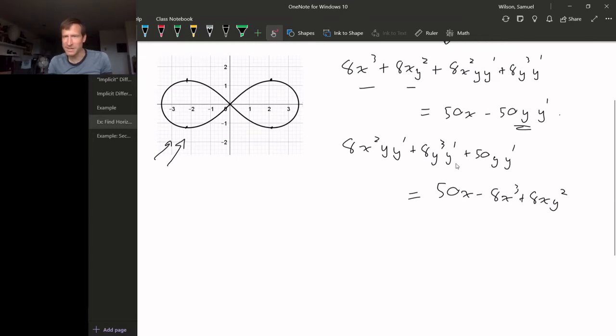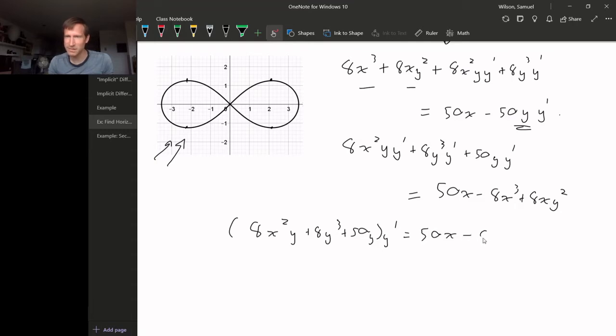All right, now on the left-hand side, we need to factor out a y prime, so 8x squared y plus 8y cubed plus 50y, all times y prime, equals 50x minus 8x cubed plus 8xy squared.